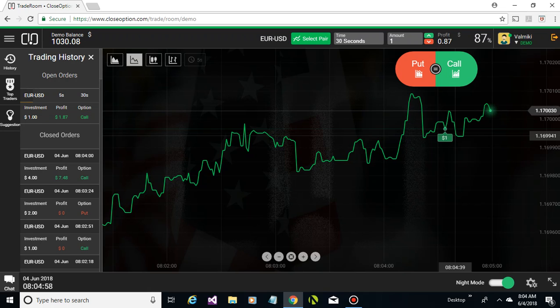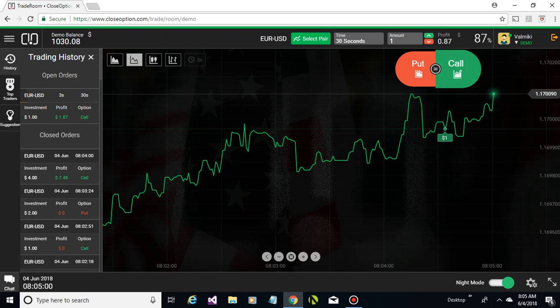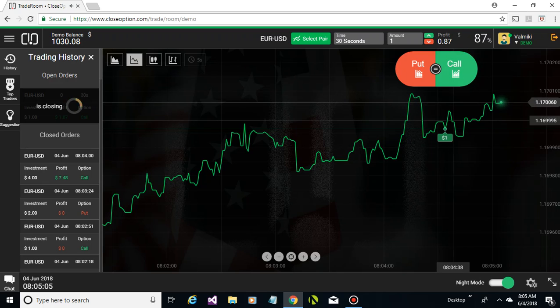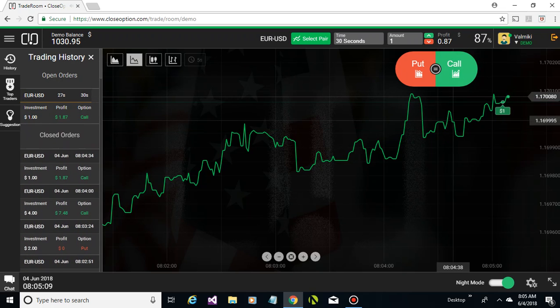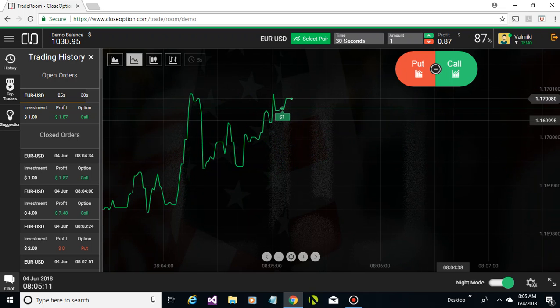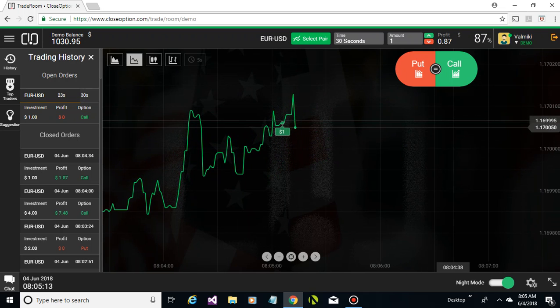It looks like this is going to be a win 99% of the time. Yes, it's a win right now. So right now we are at 1031.95, including the bet that we placed. So it's 8:05. So this is our last trade, provided this is a win.